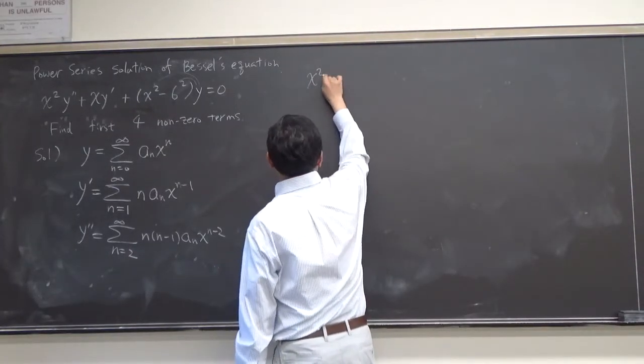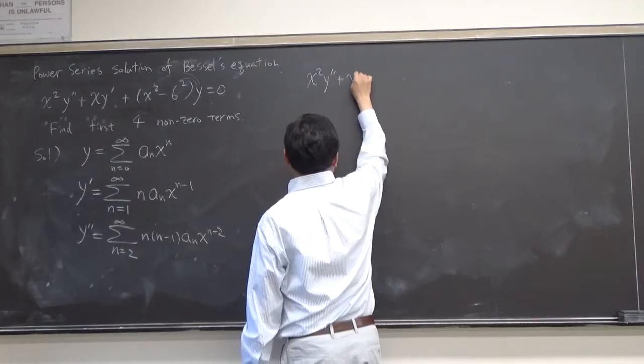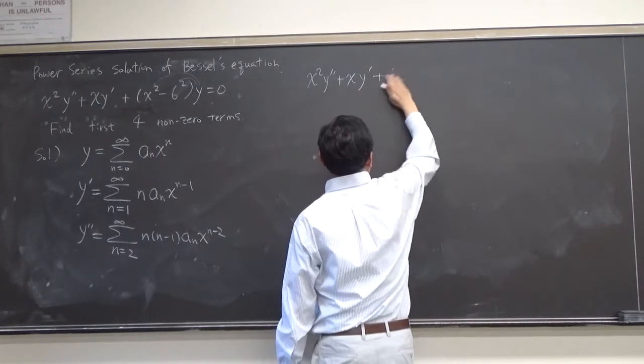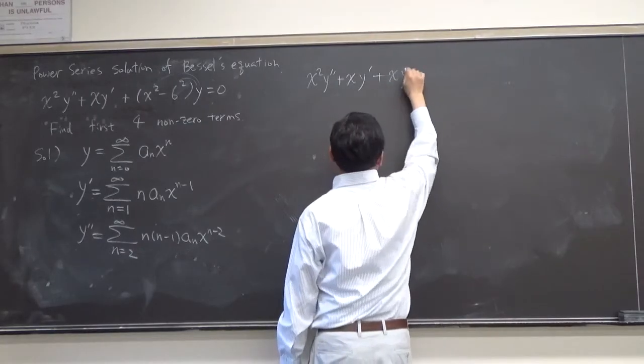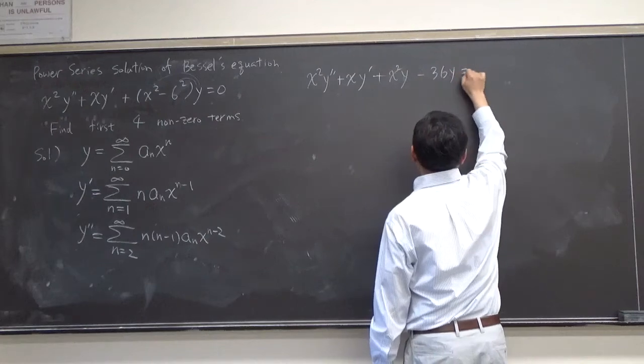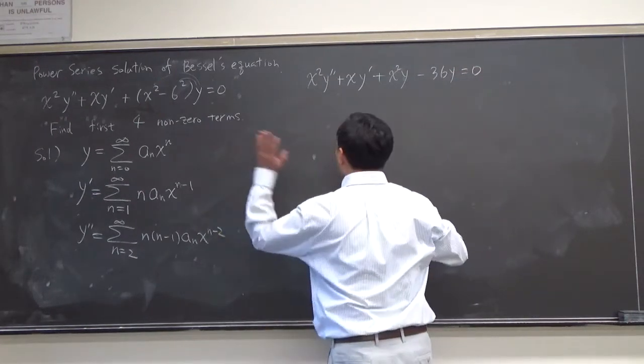So here you have x squared y double prime plus x y prime plus x squared y minus 36y equals 0. And we're going to plug everything in.